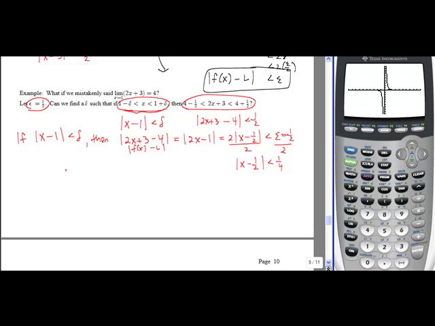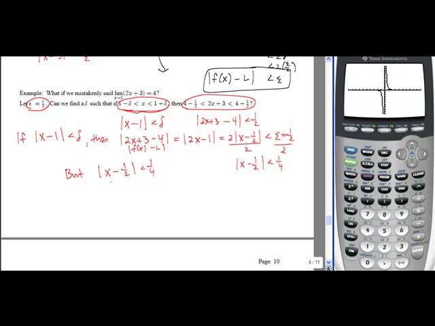Think about what this means. What is x minus a half in absolute value less than 1/4? If you took intermediate algebra and talked about absolute value inequalities, that's exactly what we're going to think about here. We're going to undo this absolute value and rewrite it in one of these kinds of statements.